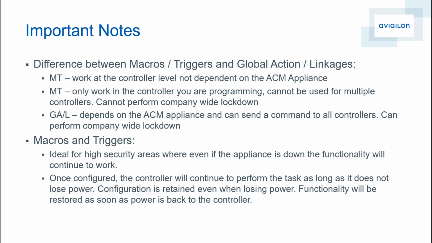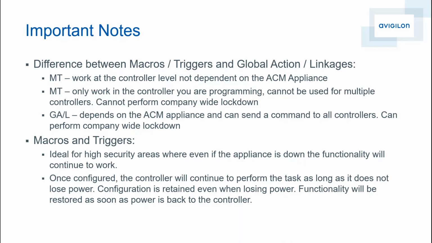Macros and triggers are ideal for high security areas where, even if the appliance is down, the functionality will continue to work. If you lose network connectivity between the controller and the appliance, macros and triggers are ideal in that situation, where even if that communication is lost, you can continue to have that type of functionality locally at that particular controller.